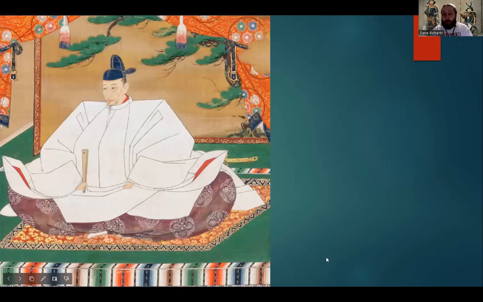And again, like with every other individual we see here, this unification and this expansion of their power would bring them into conflict with a much more powerful daimyo.